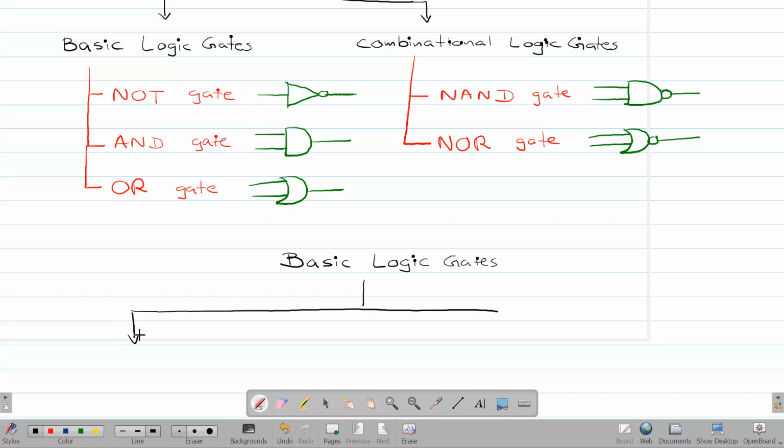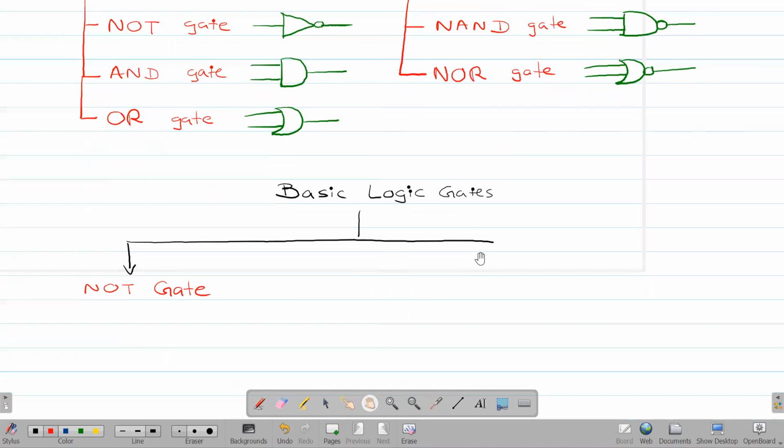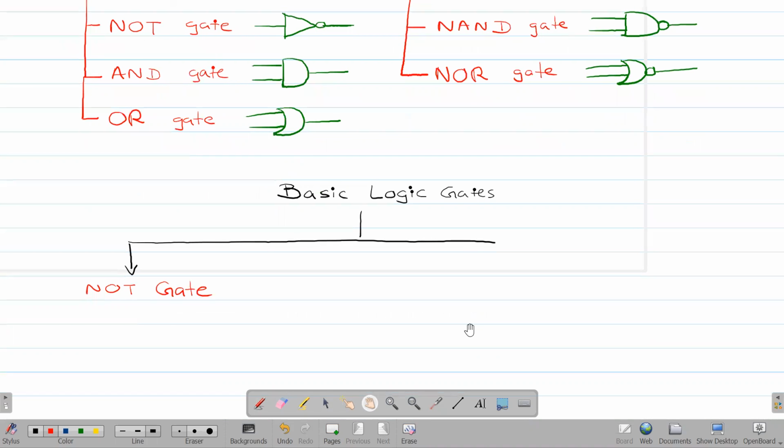Right, so the first one is the NOT gate. Right? So how are the NOT gates going to work? And we learned that the NOT gate symbol is something like this.